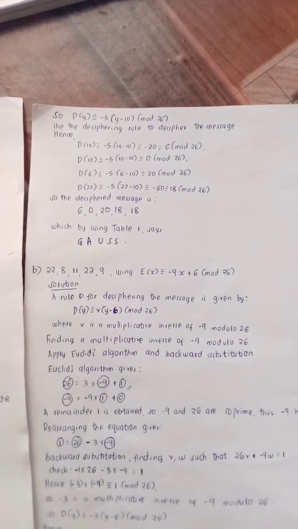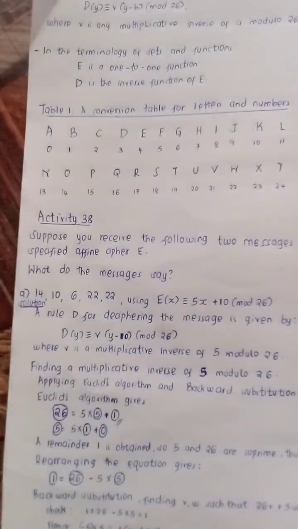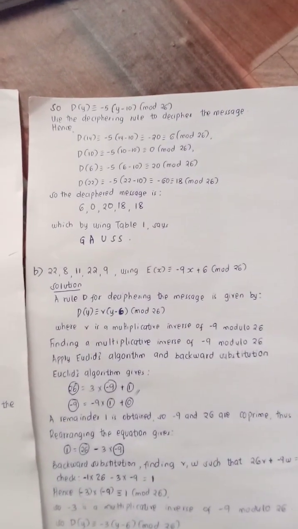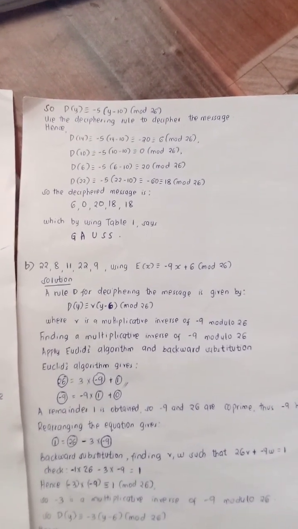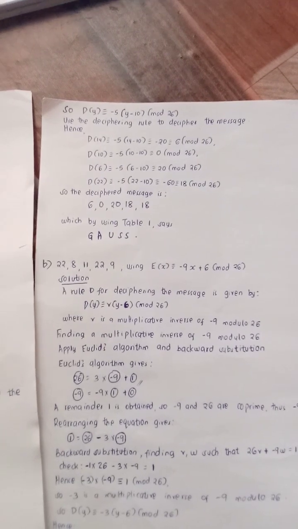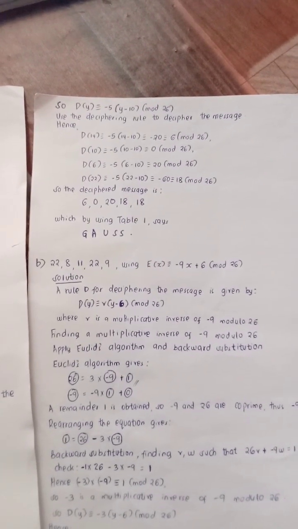The next integer was 10, and we equate it to the deciphering rule in the same way, and also do 6 and 22.